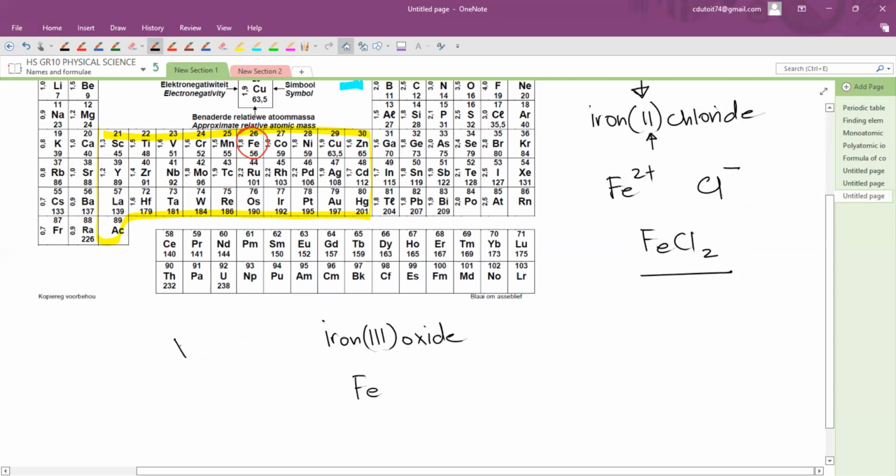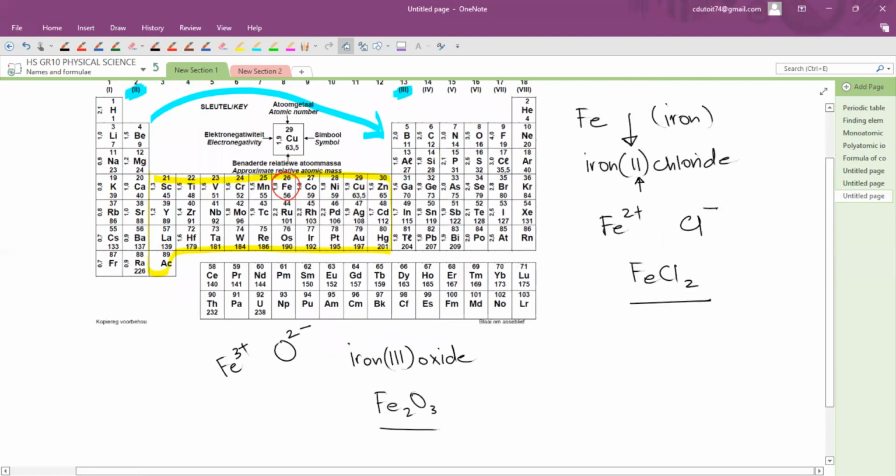Iron is Fe3+, and oxide is O2-, because oxygen is in group 6. So what would the formula look like? Fe2O3. Okay.